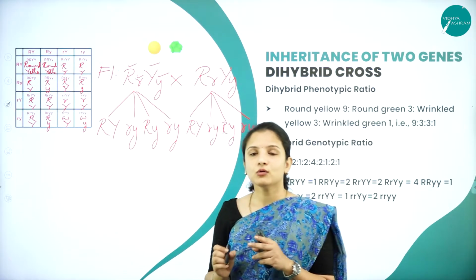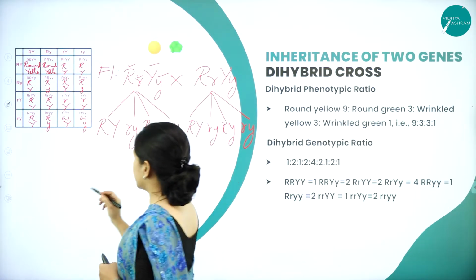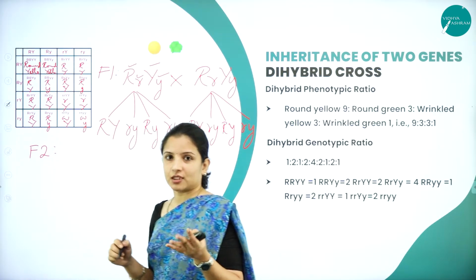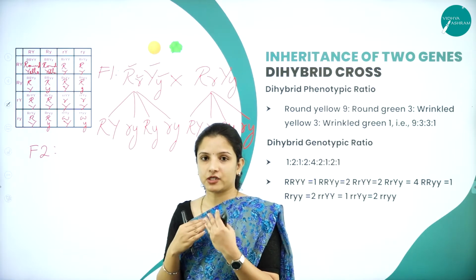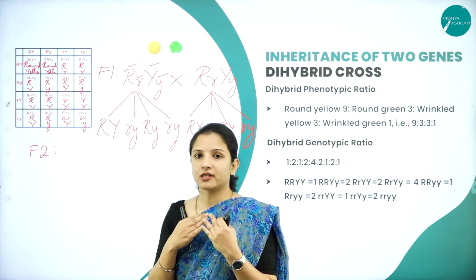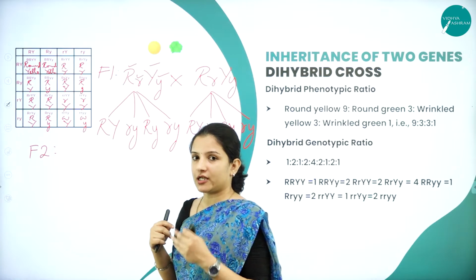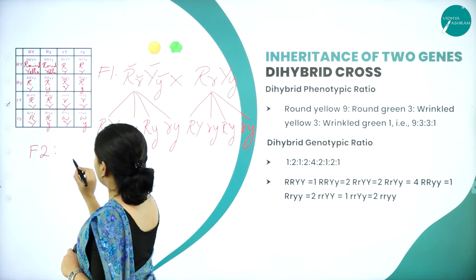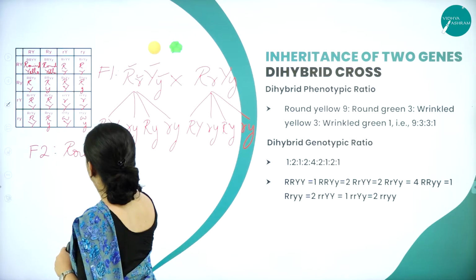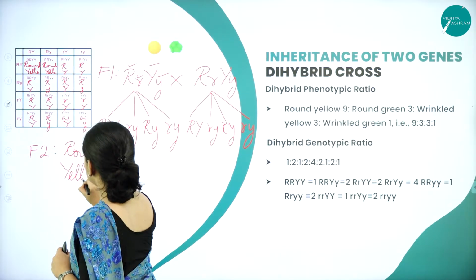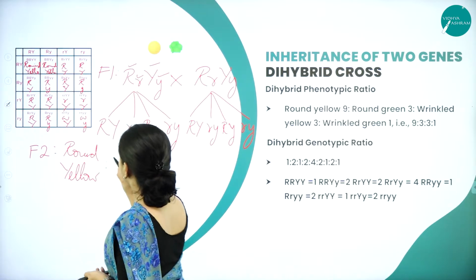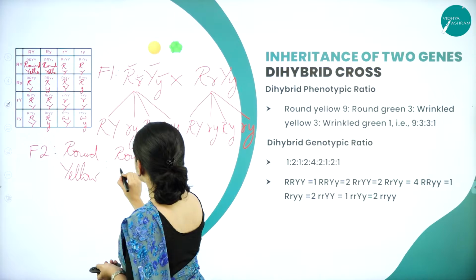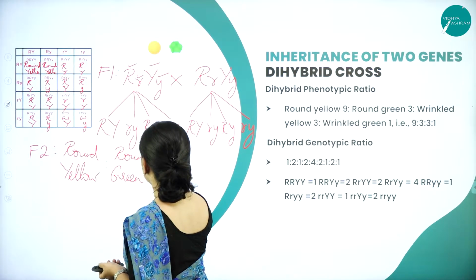So we shall see now what is produced in the F2 generation. In the F2, the progenies, that is, after crossing the same two plants of the F1 generation, what will the progenies in the F2 generation look like? There will be plants which produce round yellow seeds, and there will be plants which produce round green seeds, green colored seeds.